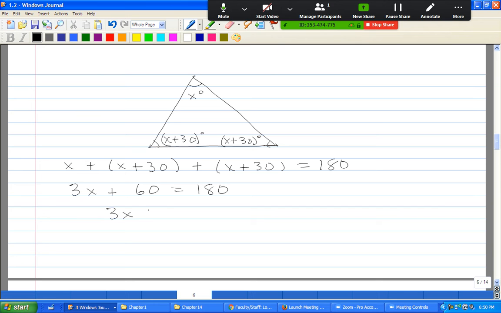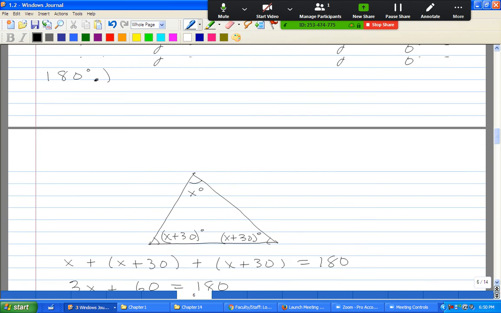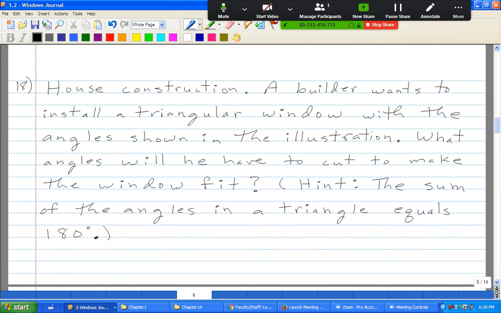Subtract 60 from both sides of my equation. Divide both sides of my equation by 3. And so the angles here, well, you have to plug in x.